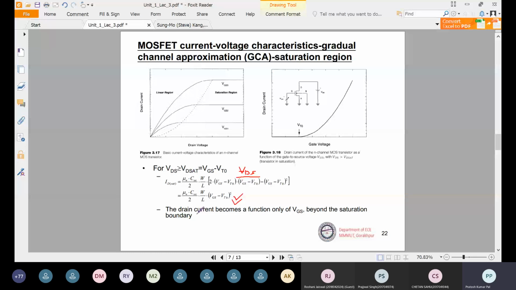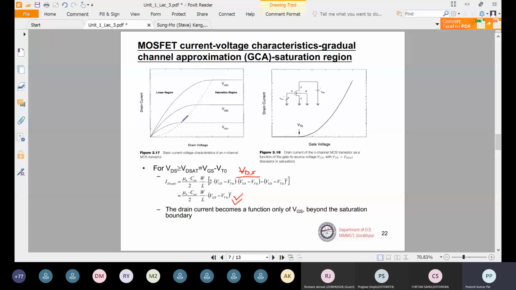Okay. So we will be plotting this expression for the current after having VDS greater than VGS minus VT0, that is VD sat. So अगर हम उसको expand करें तो similar graph, after going to the maximum value, it will remain constant. Okay.